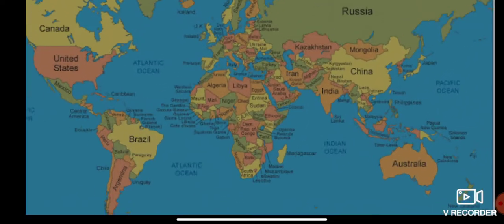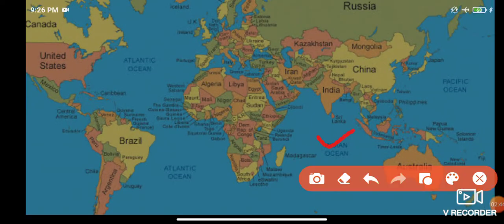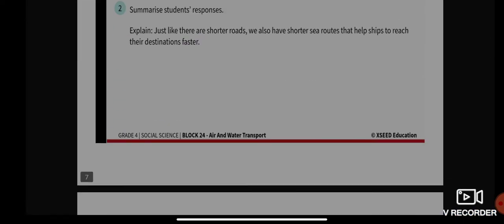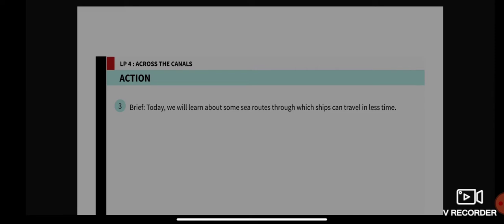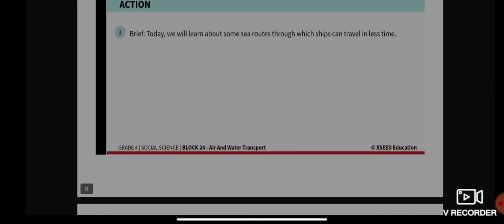The blue shaded portions are all ocean, water, where there is always a sea route for the ship to pass on. So today we will learn about some sea routes through which ships can travel in less time.